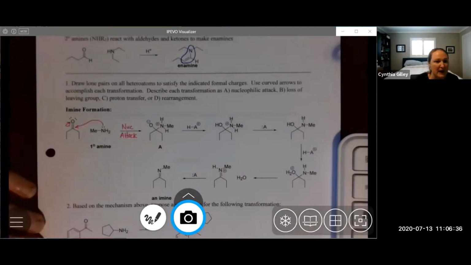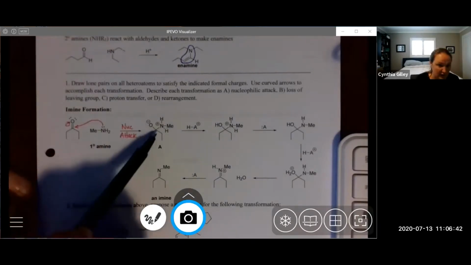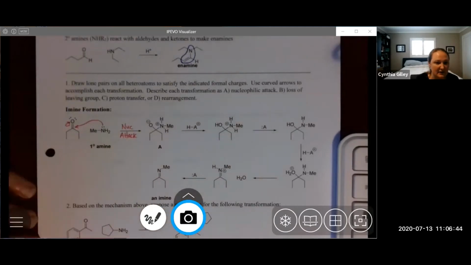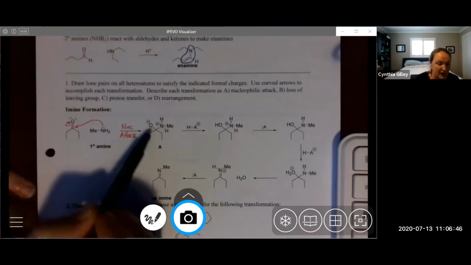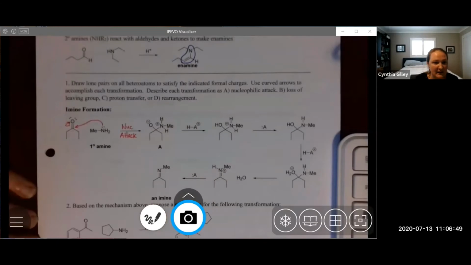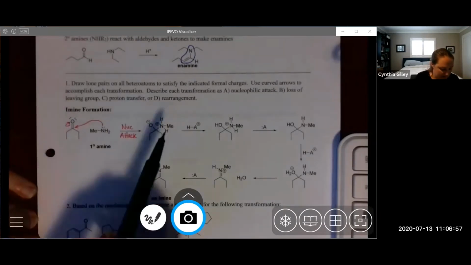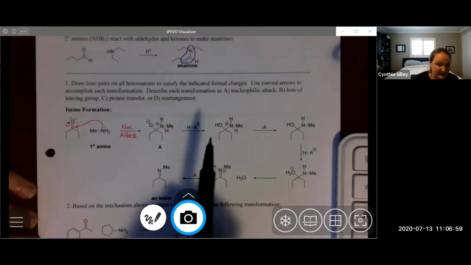And if you recall from acetal formation, I told you guys, typically we don't generate what's basically a strong base in acidic conditions, right? An oxygen with a negative charge would be considered a strong base. Think of ethoxide or tert-butoxide, or hydroxide. Those are all considered strong bases. So this is a strong base, and we are under acidic conditions.